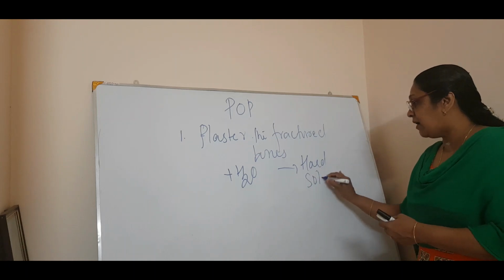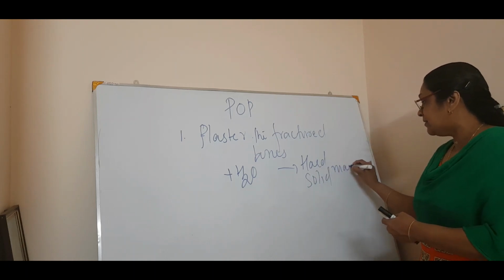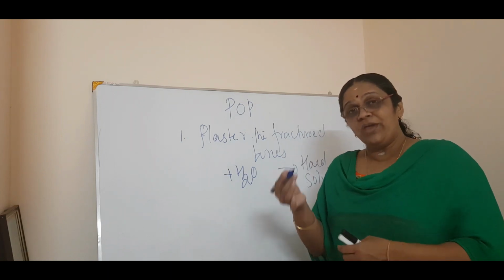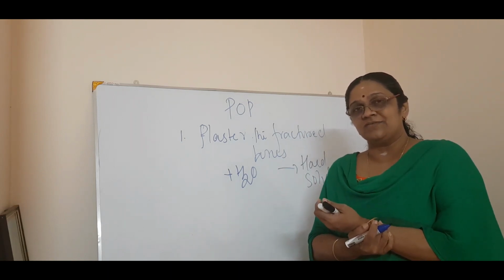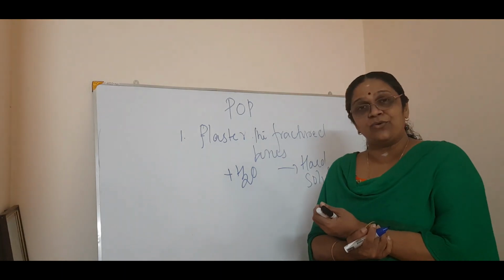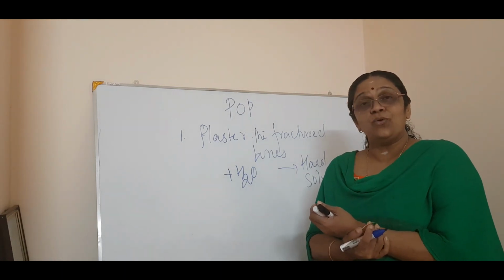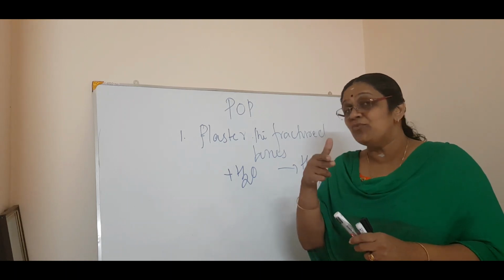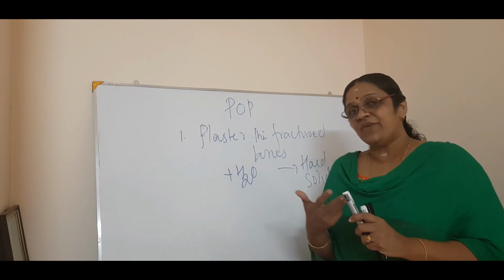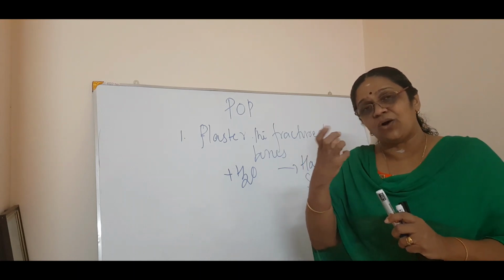Hard solid mass. If somebody has had a fracture and had this plaster applied, you know how difficult it is to remove that plaster after two or three months, isn't it? It is very difficult because it is a very hard solid mass.